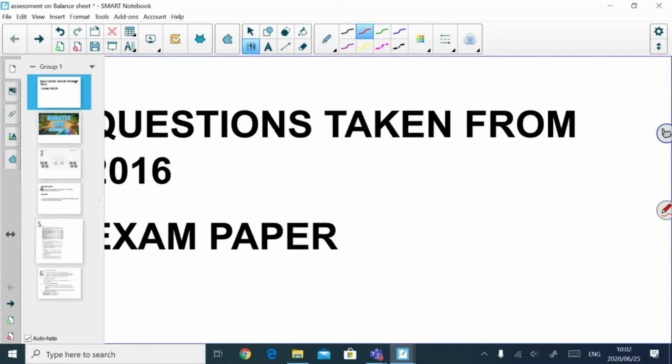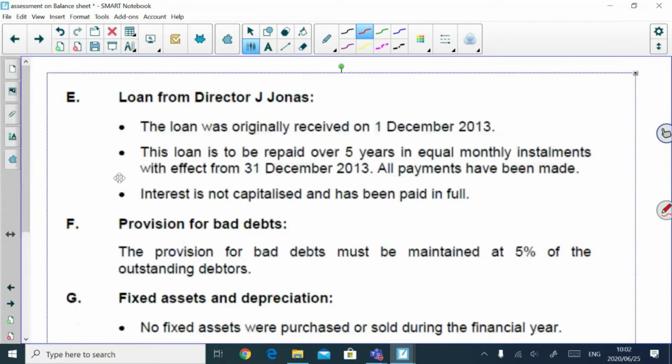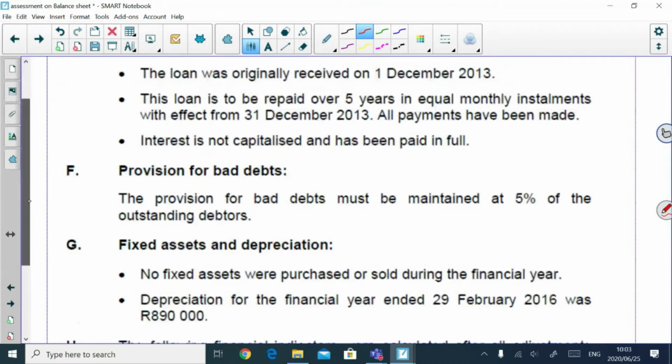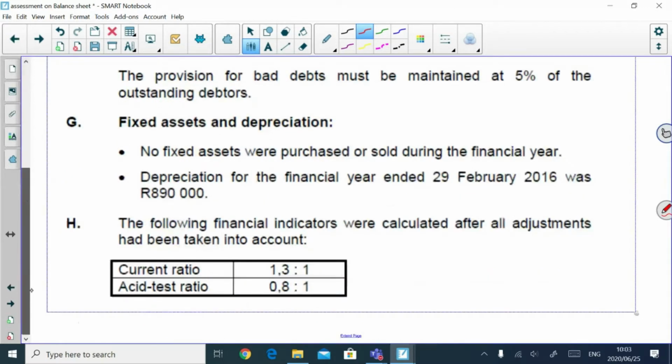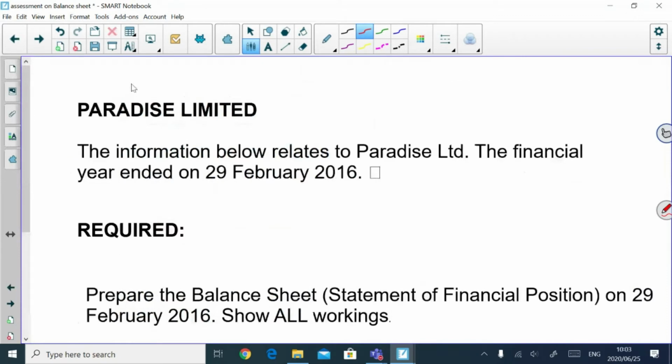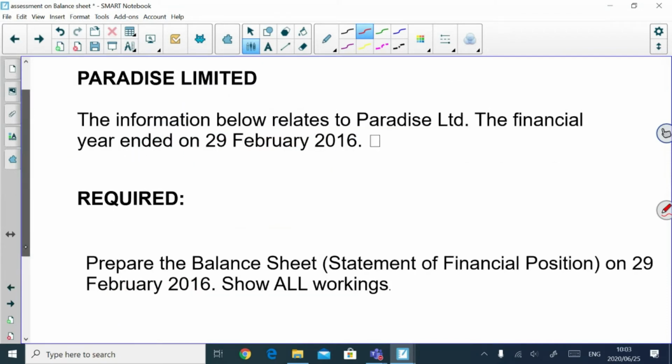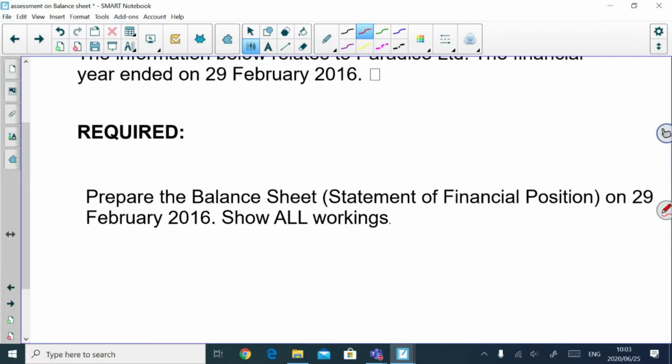The question is about the requirements to prepare a balance sheet, that is a statement of financial position, on 29 February 2016.